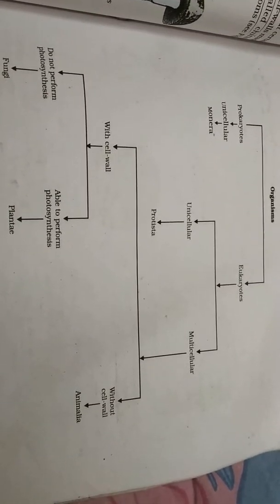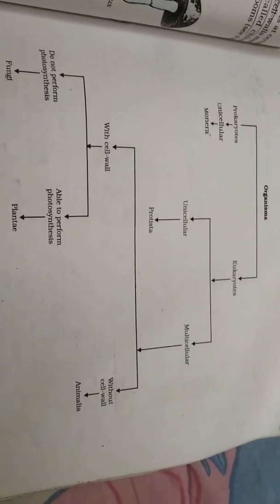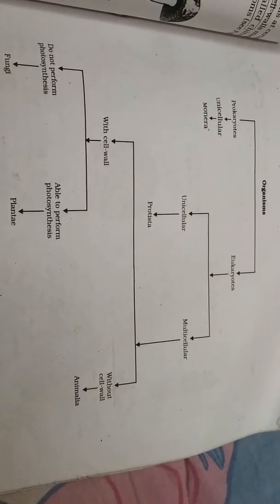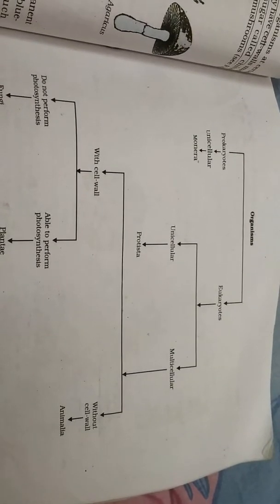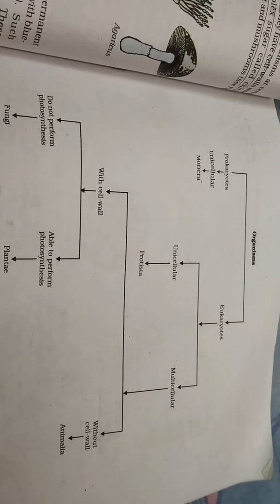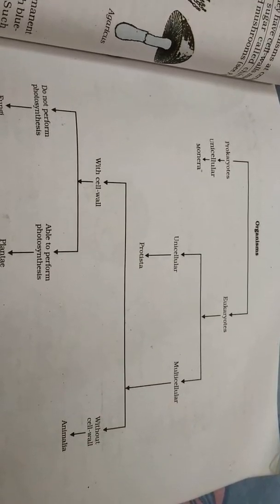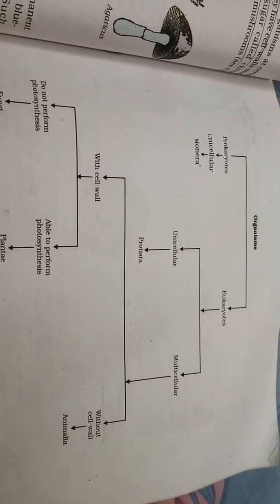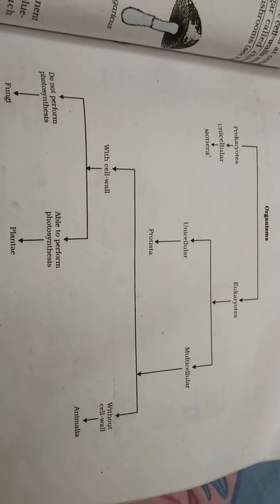Among those with a cell wall, some perform photosynthesis, whereas others do not. The ones that do not perform photosynthesis are dependent on dead and decaying matter for their food, and they are said to be the fungi. Whereas the ones that are able to perform photosynthesis are said to be Plantae, and they can make their own food. Without the cell wall is simply the Animalia, or the animals.